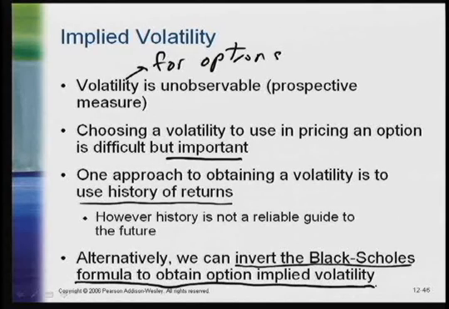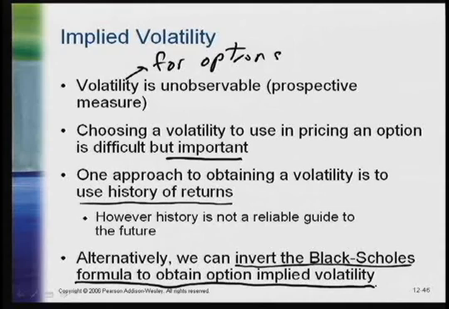We can look at trading in that option. We might then look at the Black-Scholes formula, and every parameter of it is observable. We can look at the assumed dividend rate, the risk-free rate, the strike price, the stock price, and the only unknown in that formula would be sigma.